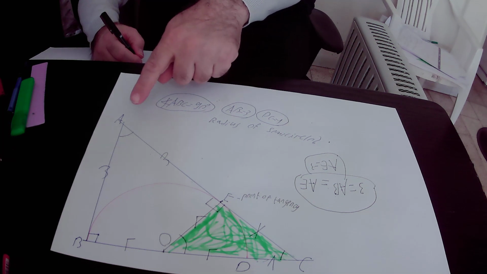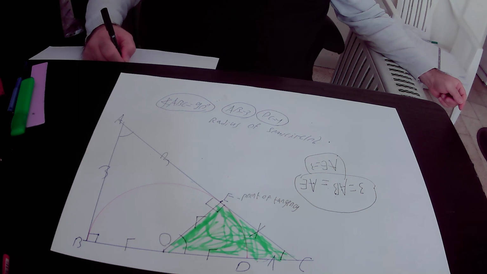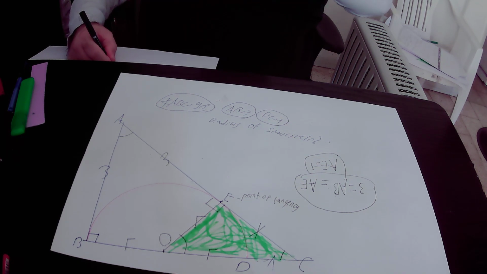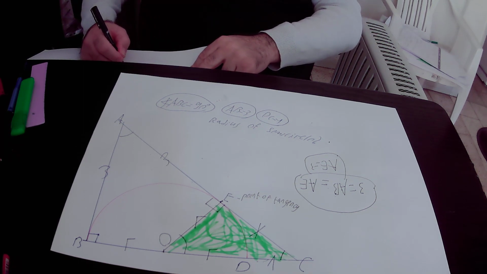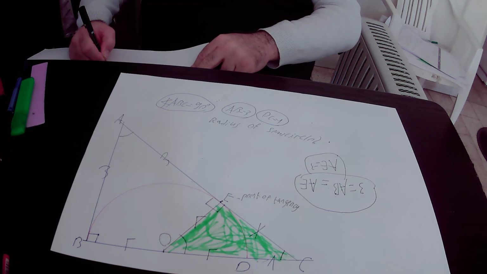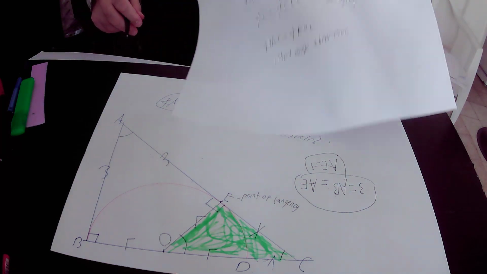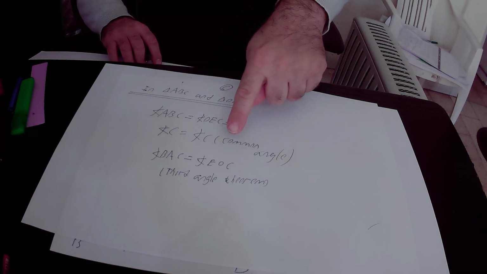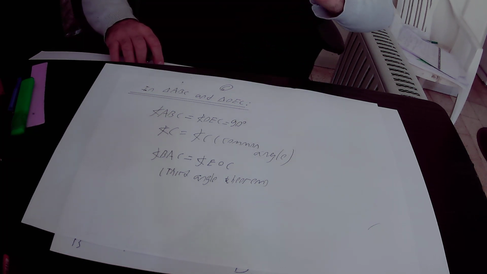Angle BAC in triangle ABC is equal to angle EOC in the green triangle, triangle EOC, and they are equal to each other according to third angle theorem.